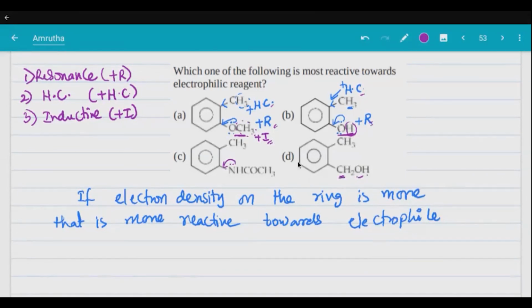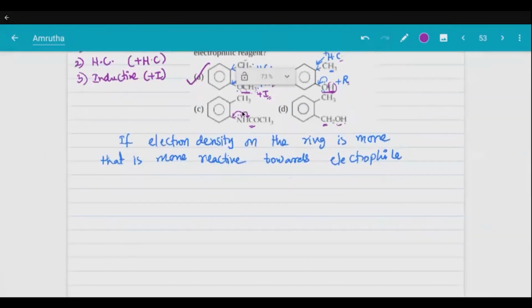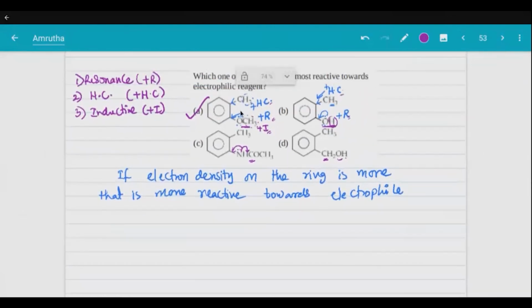This resonance is very weak, involved with the CO group, which is withdrawing. So in the competition between A and B, A wins because of CH3 plus I, oxygen resonance, and CH3 hyperconjugation. A is most reactive: more resonance, more plus R group, more electron density, more reactive.